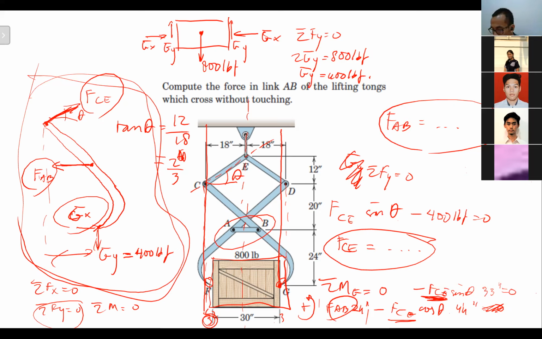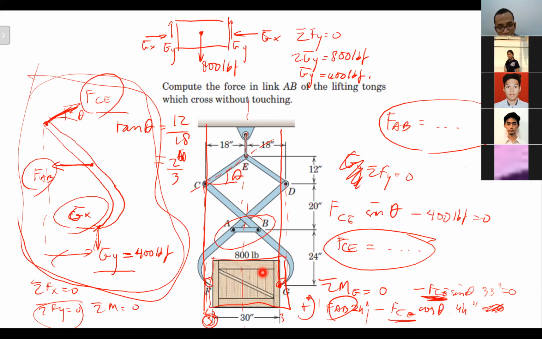Why sigma Fy? Because this Gy, 400 lbf, has a y direction, and FCE has a y direction component as well. So I will be able to find FCE directly from sigma Fy. Then why do I go for the sigma moment at G? Because the one in question is FAB, right?